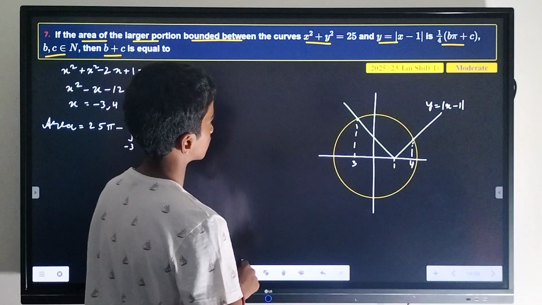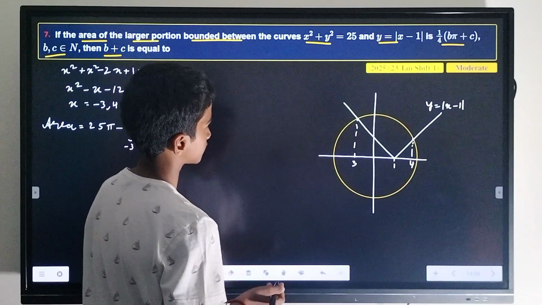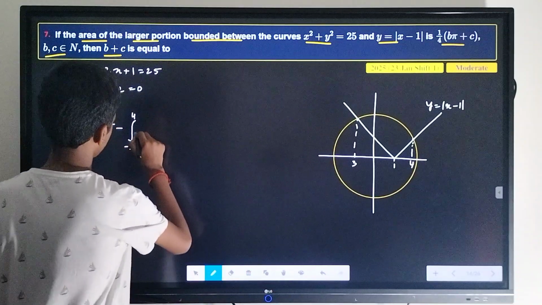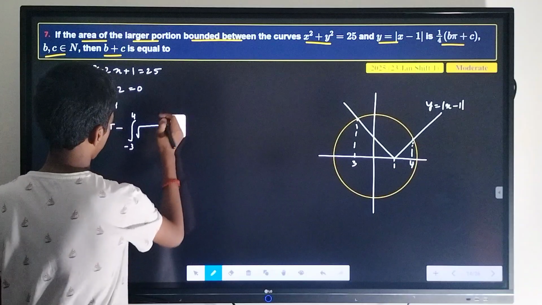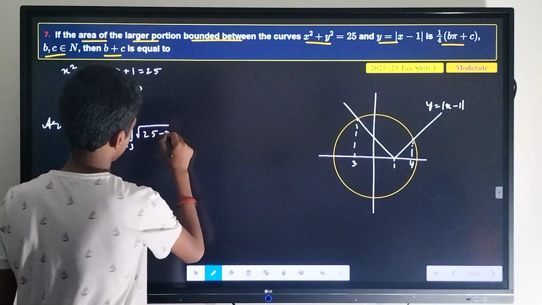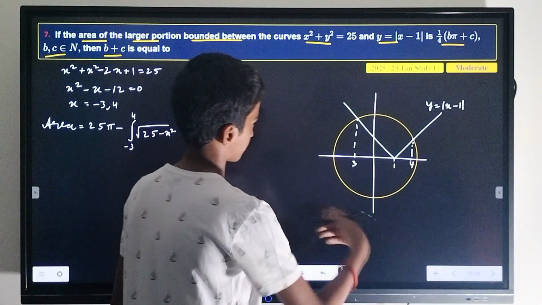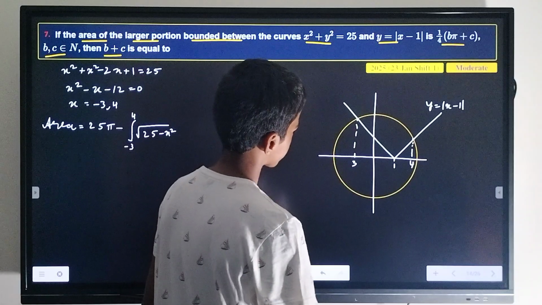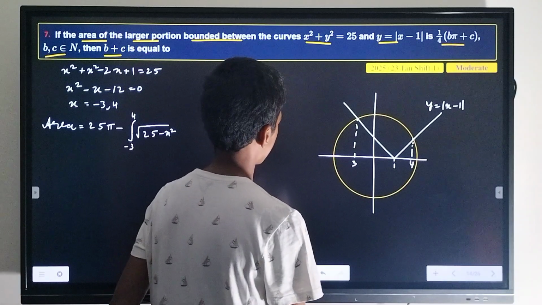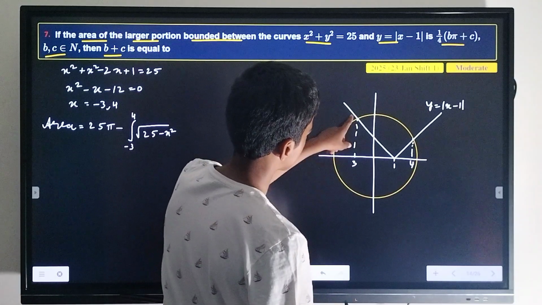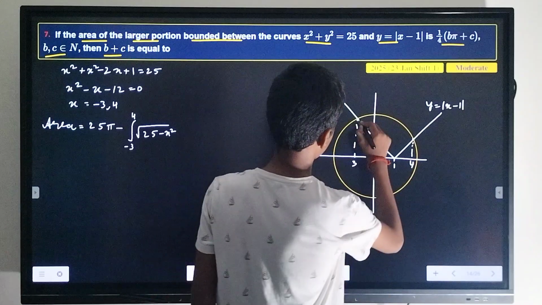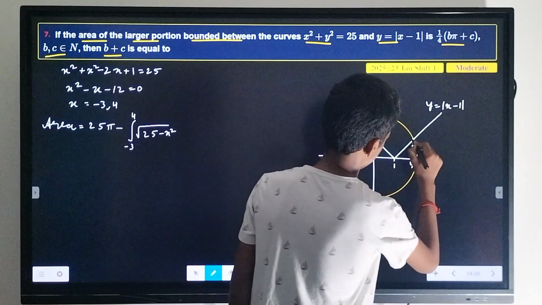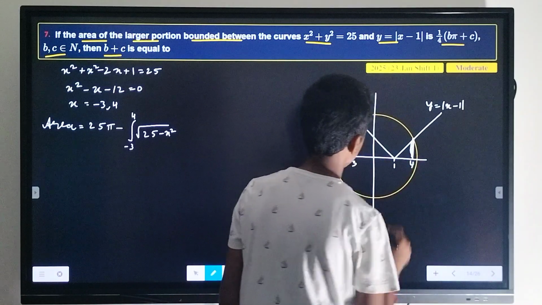Minus 3 to 4, under root of 25 minus x square dx, from minus 3 to 4, then we have subtracted these two right angle triangles. Here we have our two right angle triangles.